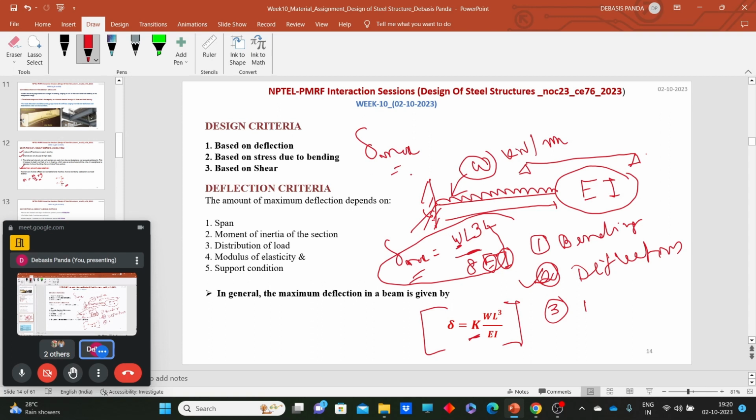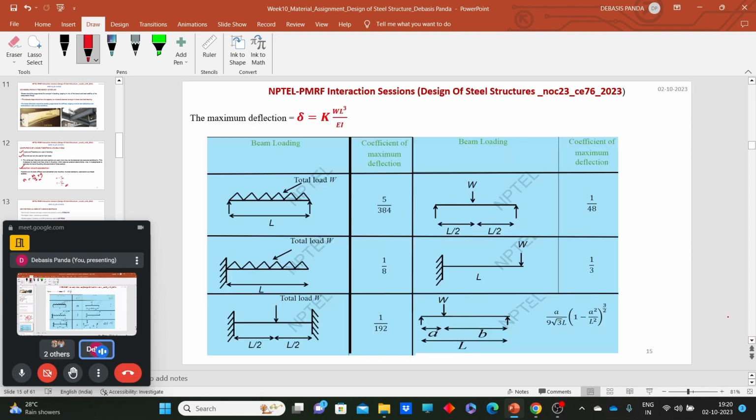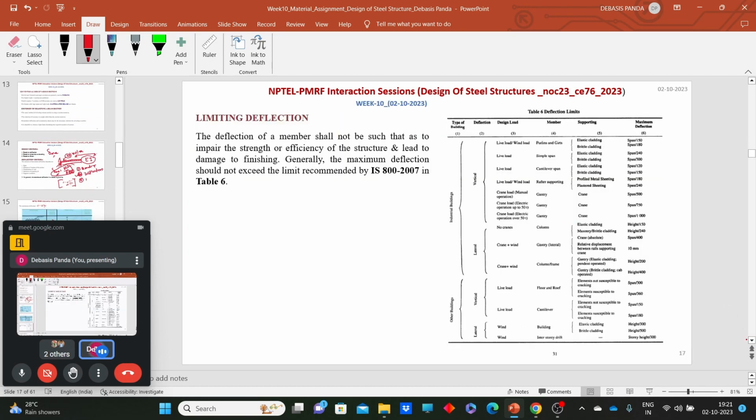Delta max due to the application of load we can calculate, and different values are given, like here for the simply supported case, the value of k in WL cube by EI is 5 by 384, for different kinds of cases. You can go through it. The main point is that from there we can calculate delta max due to the transverse loading.